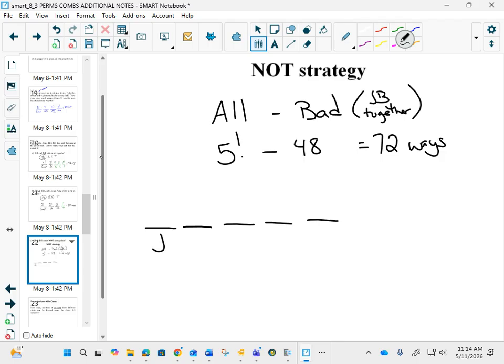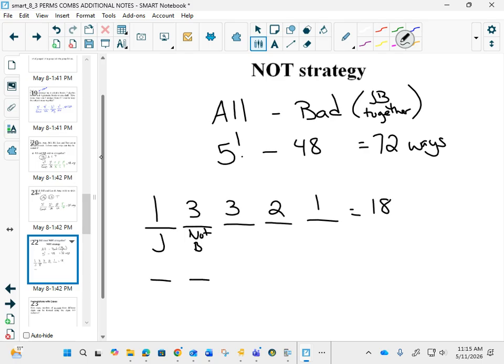Yes. If Jill sits there, this one has a restriction. It's not Bill. How many choices do I have? Three, because Jill's already here. Now there's no restrictions left, and this would be 3, 2, 1. If Jill is on the end and not sitting beside Bill, there's going to be 18 ways.